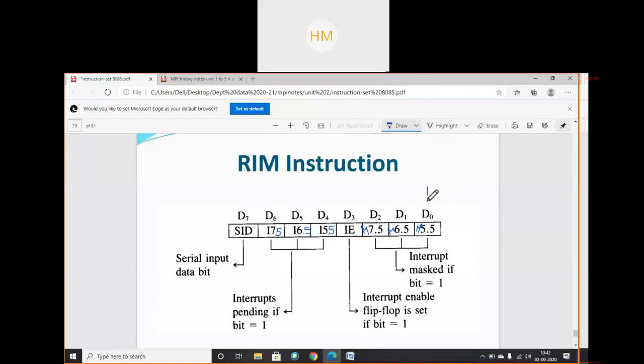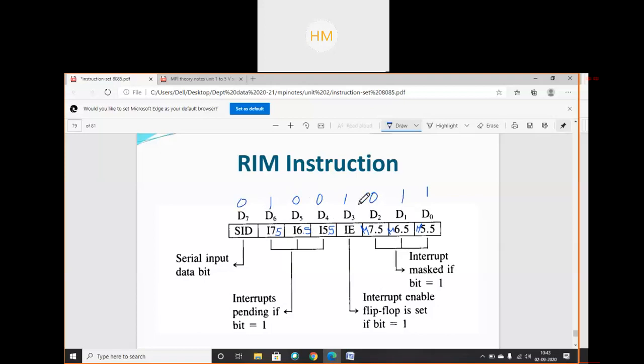D0 bit will be 1, D1 will be again 1, D2 bit will be, yes, what will be the D2 bit, students? The accumulator has 4B hex. This bit will be 1. Okay, 4 means here 0 came. This is again 0. This is 1 and this is 0.